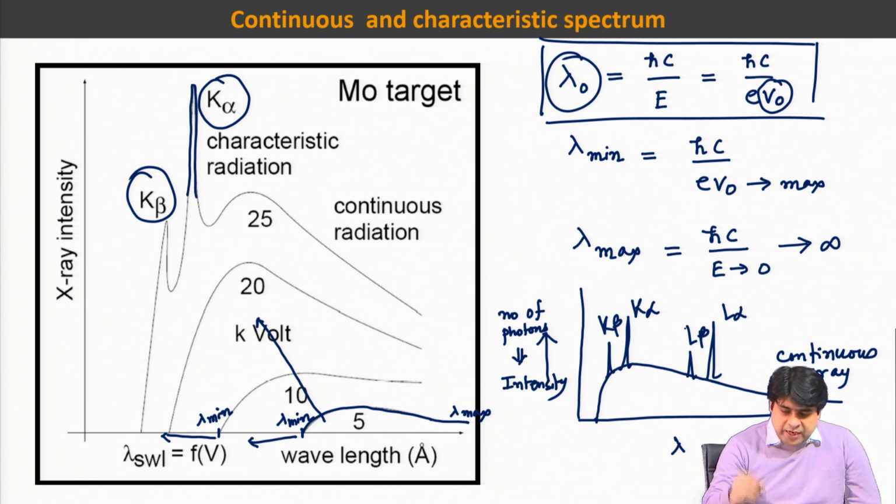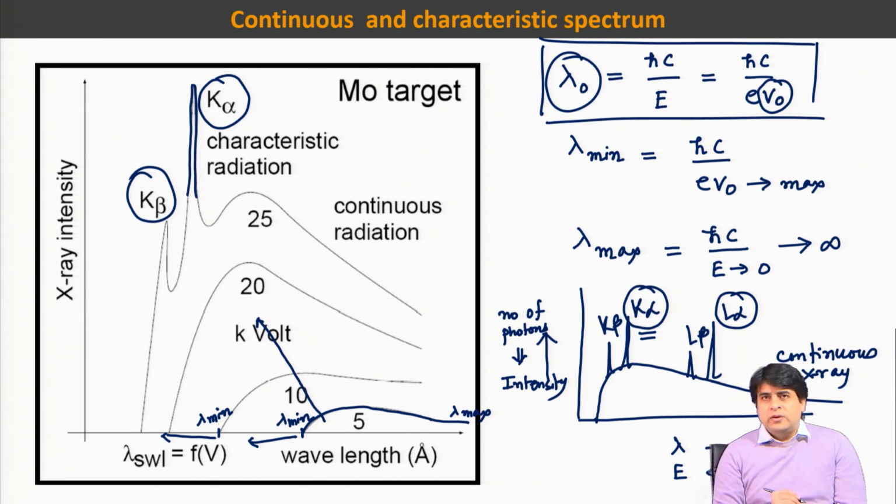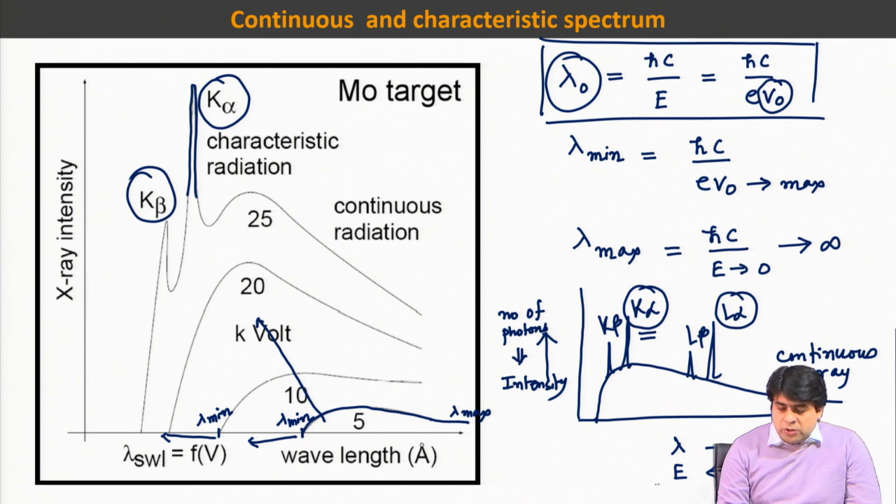If you see this diagram, you will observe that K alpha has a lower energy than K beta, but K alpha has a higher energy than L alpha. So your energy is increasing in this direction because it is inversely proportional to the wavelength.